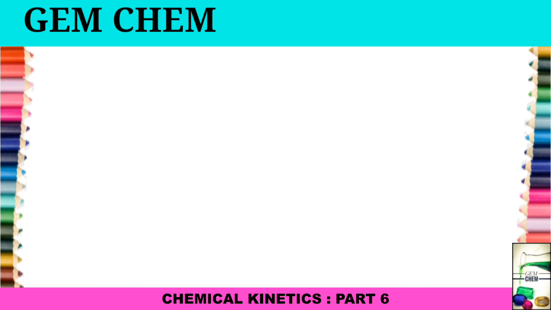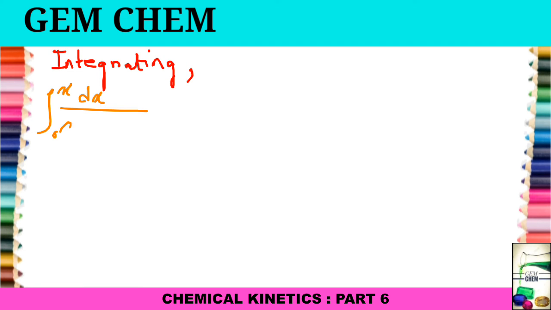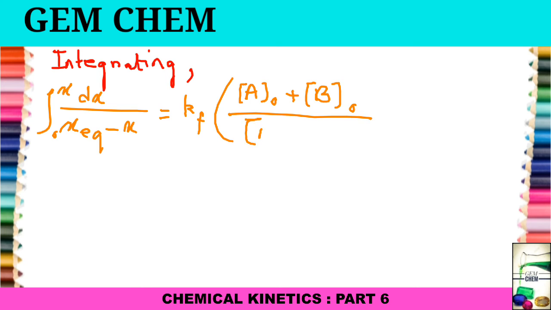Now we need to integrate it. So we will write integrating, what we get is like this: from 0 to x, dx by (x equilibrium minus x) equals Kf in brackets (A naught plus B naught) by (B naught plus x equilibrium), and here the integration is from 0 to t, dt.